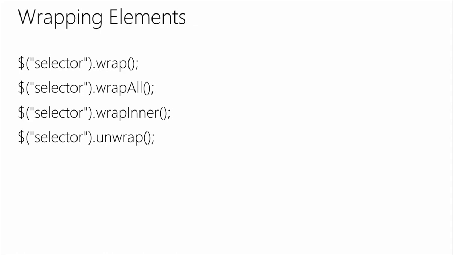I can call wrap, any of these that are on here: unwrap, wrapAll, wrapInner. Basically, jQuery does a lot of wrapping to begin with. The whole ready function, the jQuery object, it's a big wrapper, and all of our selectors are big wrapped sets. But we can also do it ourselves. We can grab a selector and do some wrapping, and we can do it for various reasons that we need to.